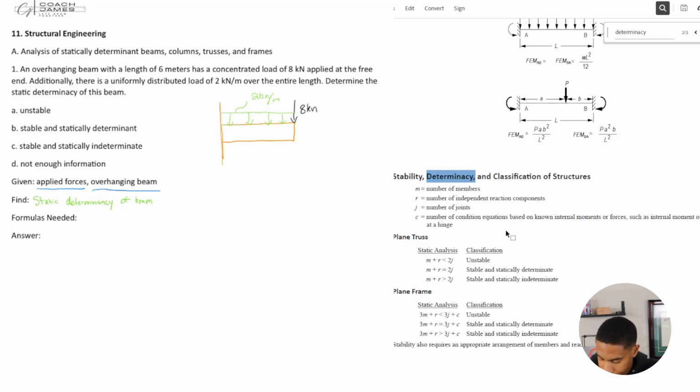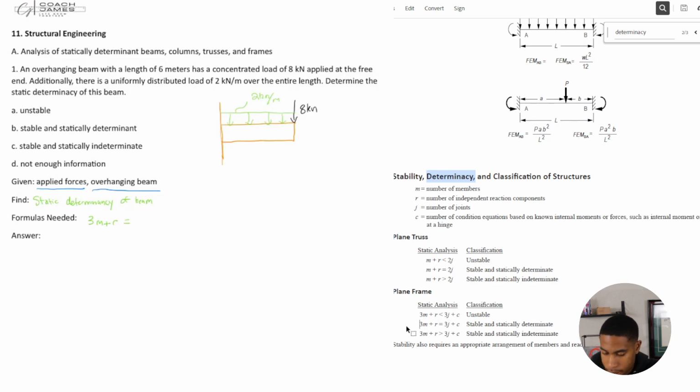I'm going to say that we're going to need to use 3m plus r, and we don't know what the symbol is, so I'm just going to say equal to start. This equation is the same except that one would be less than, one is equal to, or one is greater than.